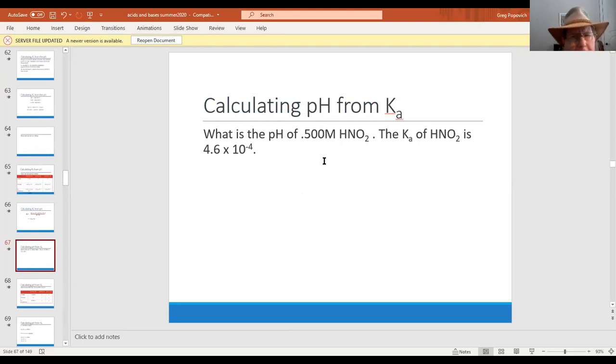This is going to be an ICE diagram. We have nitrous acid. We start off with 0.500 molar nitrous acid. I'm also given the Ka.